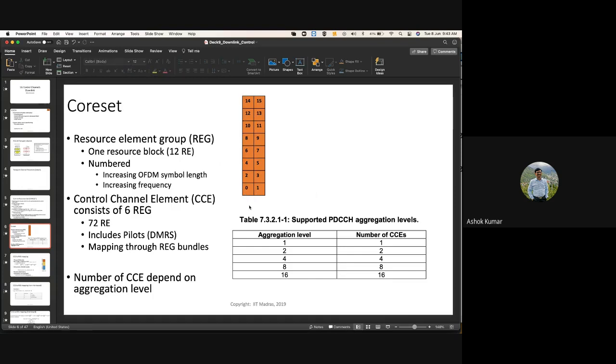So 12 REs means in the frequency domain or in the time domain? No, in the frequency domain. This is increasing frequency, and this is time domain. So this is the first OFDM symbol, 12 REs. So when we say 0, it will be in OFDM symbol 0, 12 consecutive REs.